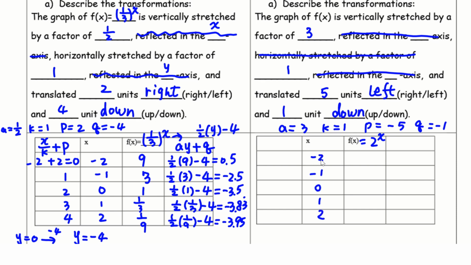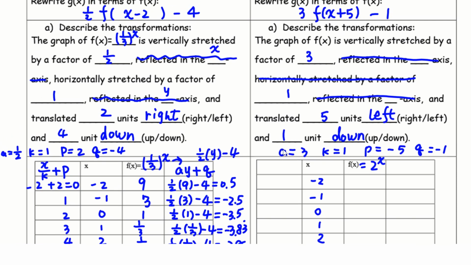Then if we sub in the -2 to 2 to the exponent x, 2 to the exponent -2 gives us 1/4. Then do the same thing: 1/2, 1, 2, and 4. Then the new y value will be a y plus q. So it's just 3 times y, then -1.